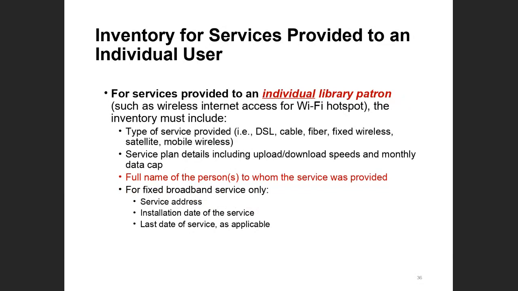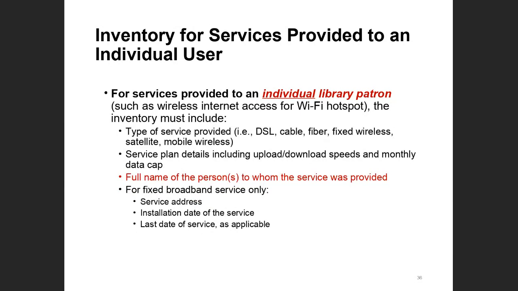Similarly, if you're providing a service to an individual library patron, you'll be tracking some information: the type of service, details about the data plan, the upload and download speeds, the monthly data cap, and the name of the person to whom the service was provided.